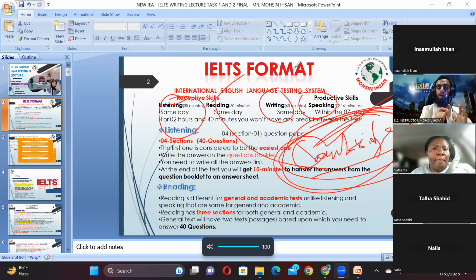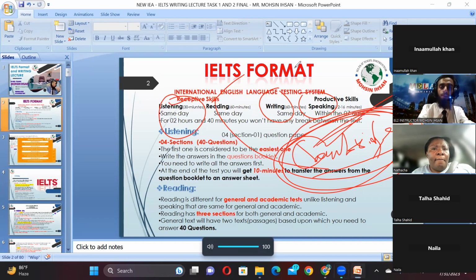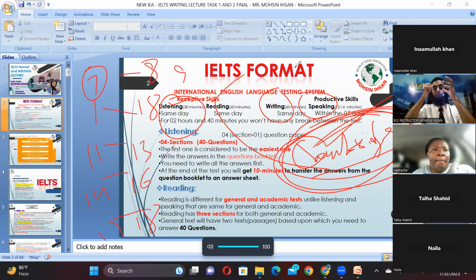The current content from Cambridge for practice is from book 1 to 18. You must go through only 7 or 8 books: book 7, book 8, book 9, and then 11, 13, 14, 16, 17, 18. These few books you must go through. And if you are out of time, just go through these.